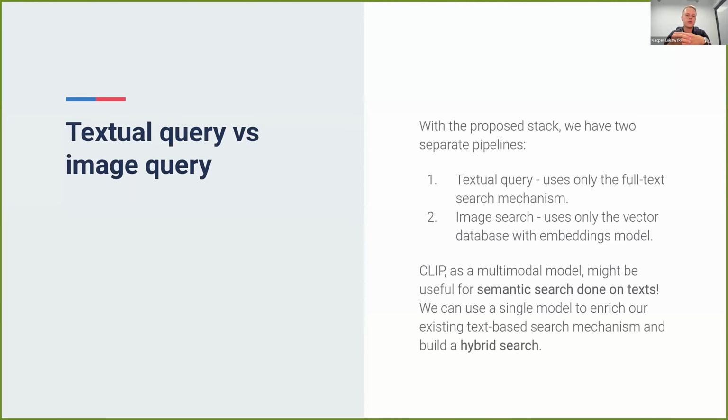If we decide to use CLIP or a different multimodal model, we have the advantage of running not only textual queries using a full text search mechanism, but we can also easily integrate semantic search for the textual queries in the future, and that would be way easier than using a model that does not expose a way of converting text into the same embedding space.